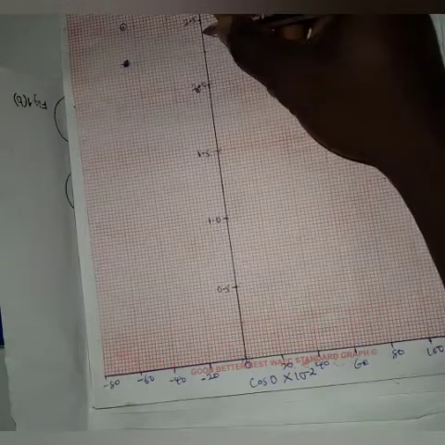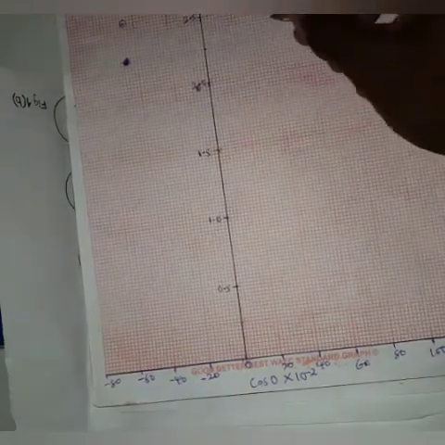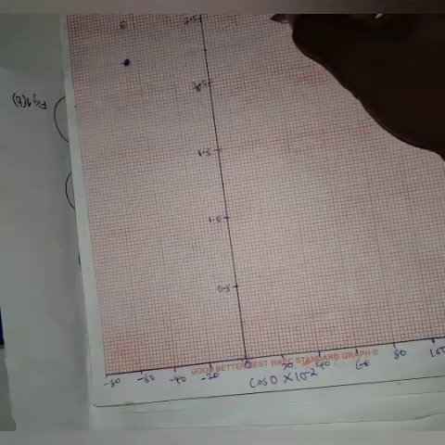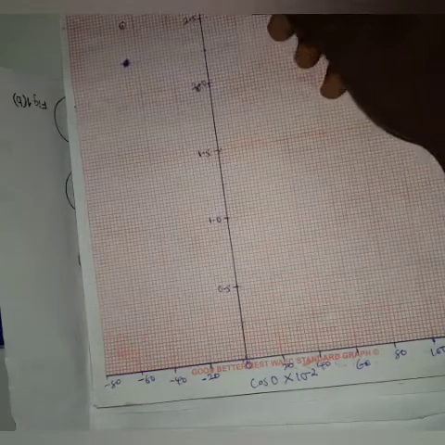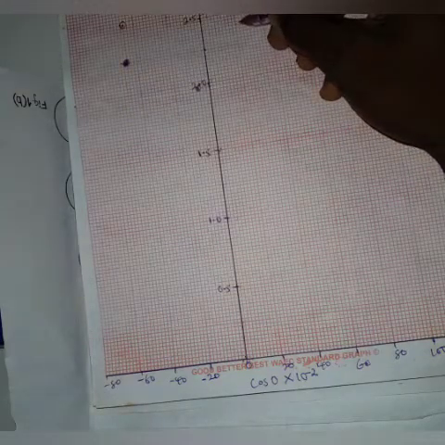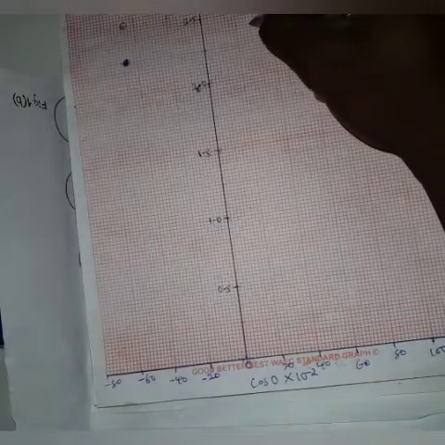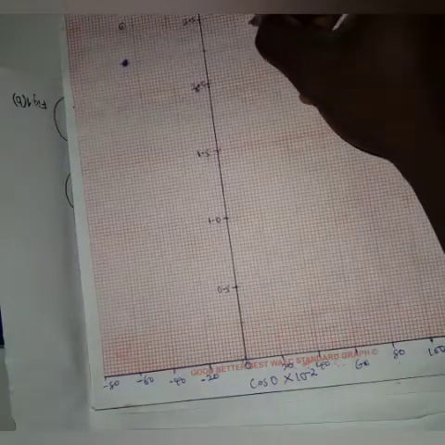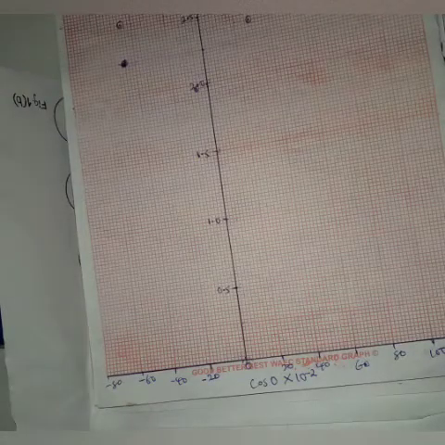So we are going 24 places on this side. This is 10, this is 20, okay, 24 places. So I'll go 1, 2, 3, 4, 24 places. So I'll put a dot here and I'll put a circle on this.